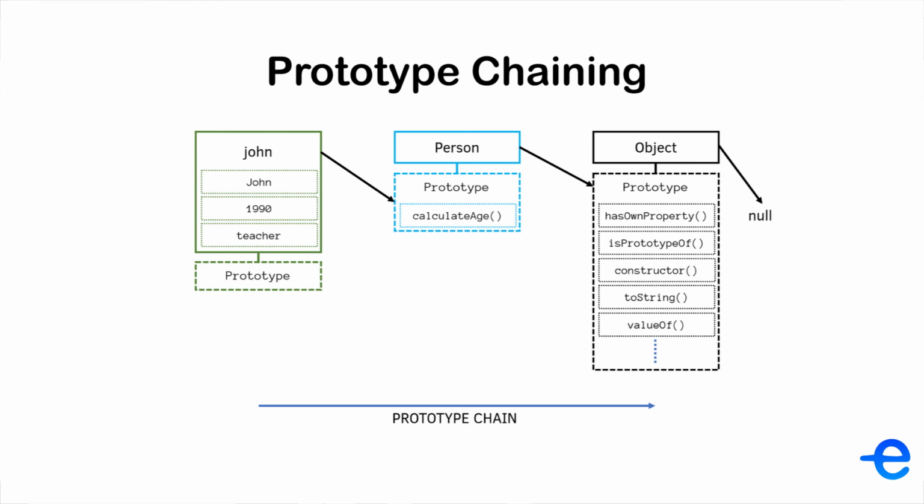It will try to search for that method inside the person's prototype, which is the prototype property of the JavaScript Object. Now JavaScript searches for this method inside the Object's prototype, and it finds it there. Similarly, if it can't find it inside the JavaScript Object prototype, then it will try to search inside null, which will return undefined.